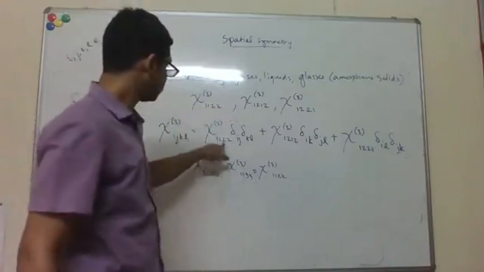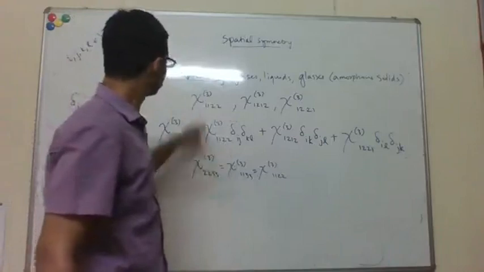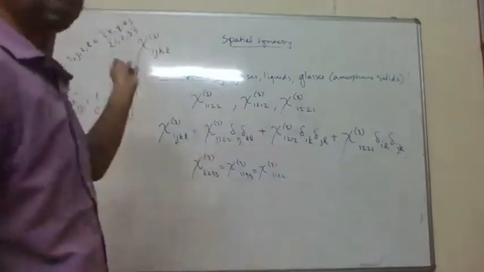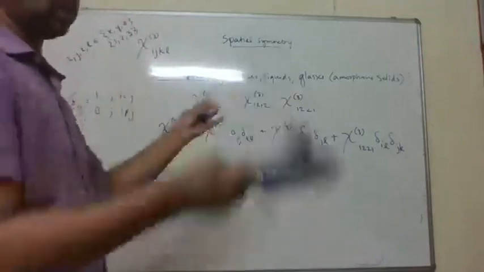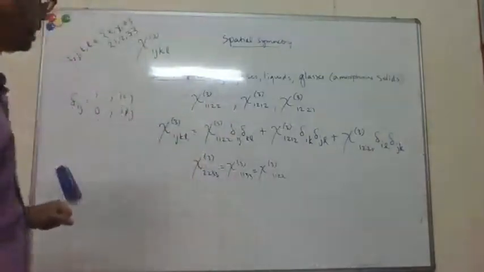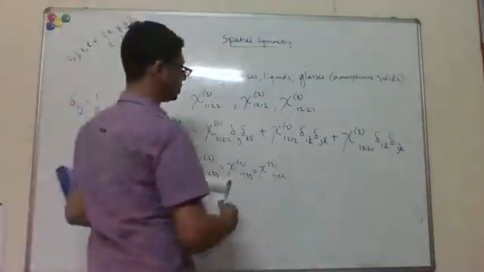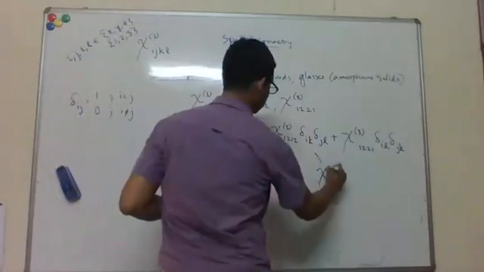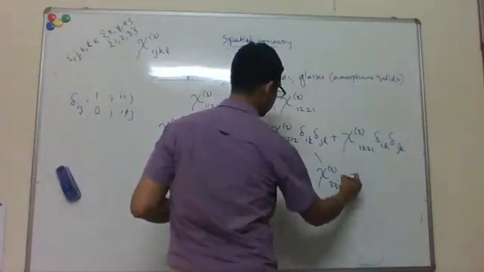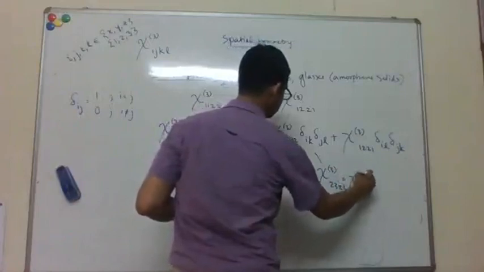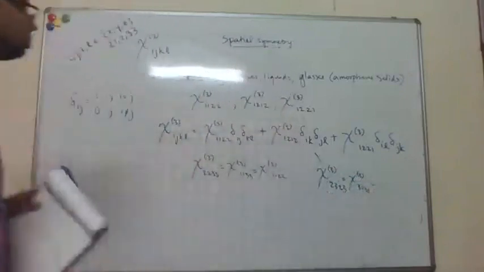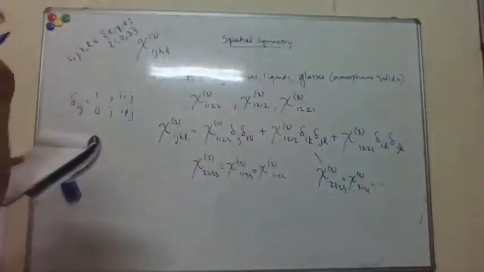As long as 2 of these indices are equal, because it's an isotropic medium, it doesn't matter. 2 of them are along one direction, the other one is at 90 degrees to it. Doesn't matter which particular direction because it's isotropic, so they are all equal. Similarly, chi 2, 3, 2, 3 will be equal to this, or 3, 1, 3, 1.